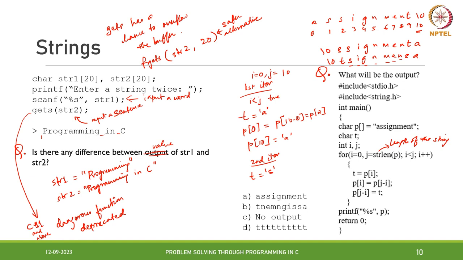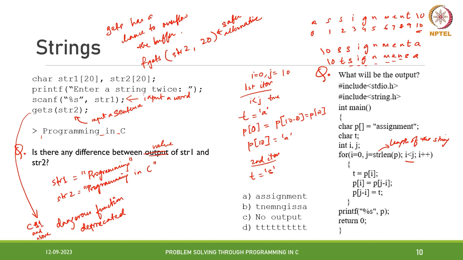So then it will start interchanging among itself again, but it will never go to the last iteration, because i is less than j, it will never reach the condition where i becomes j. That means i will never be 10. If i is not 10, then this null character and a will never interchange again.